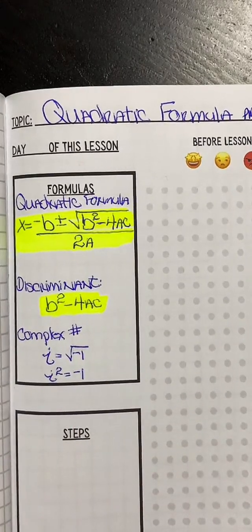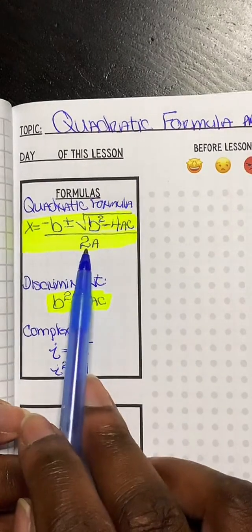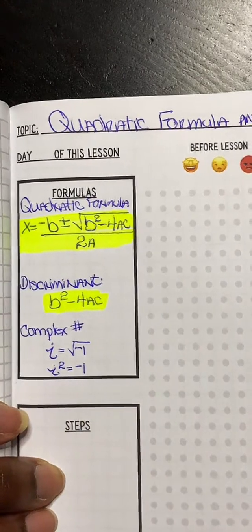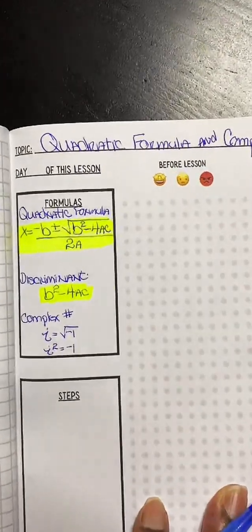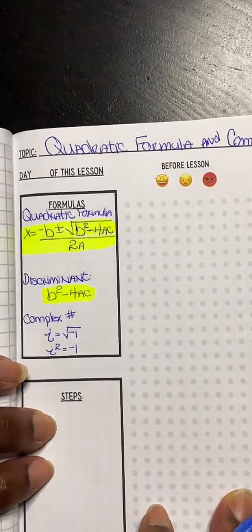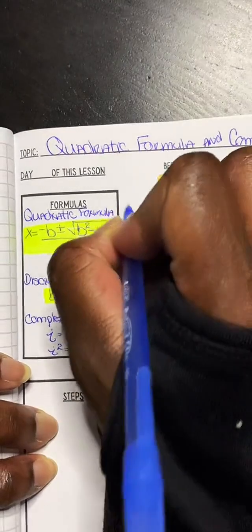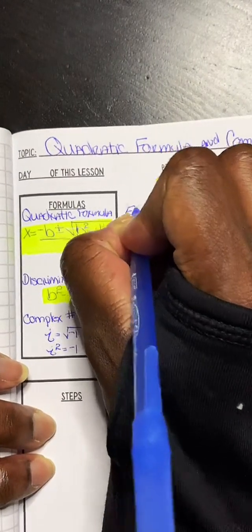Some people just go straight to the quadratic formula anytime they factor, because it can help you graph or break down anything. So let's go with our first example.